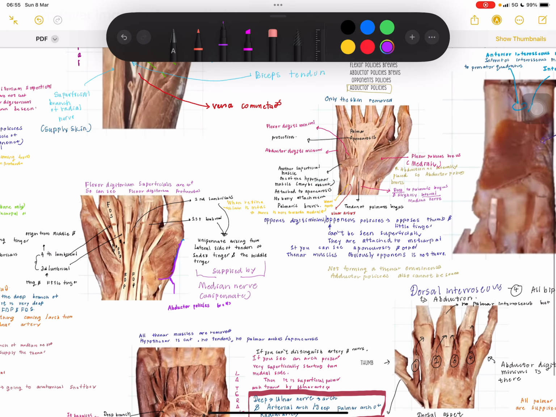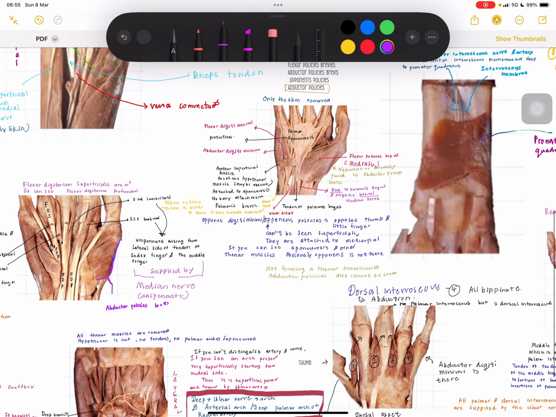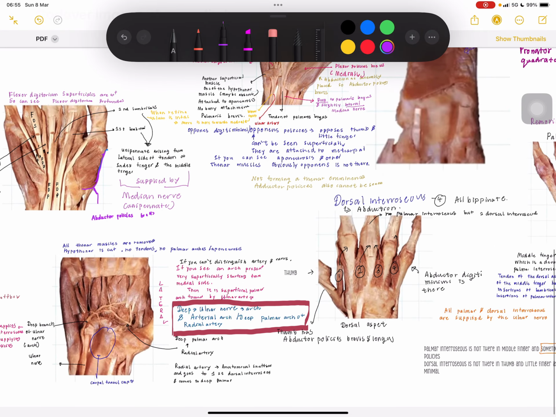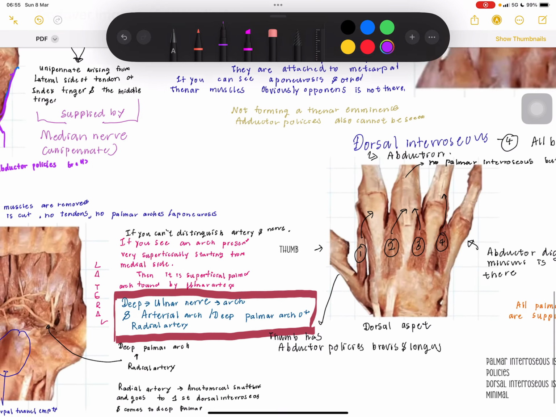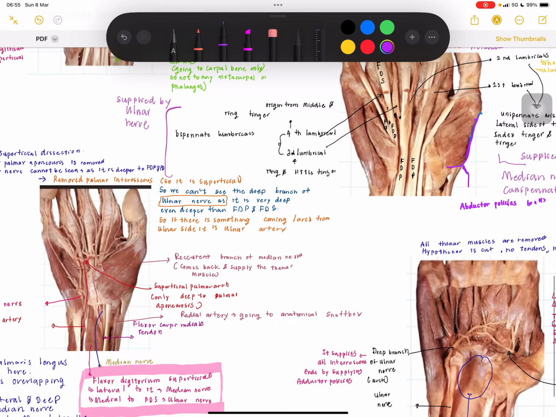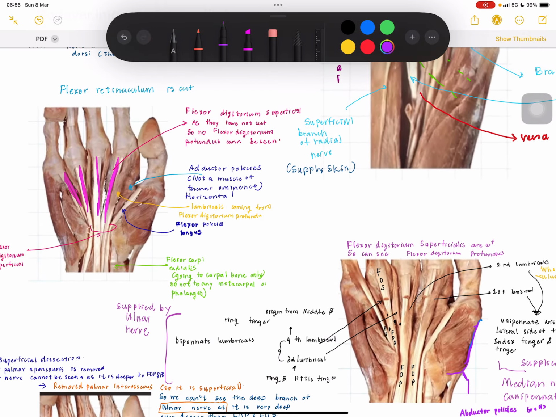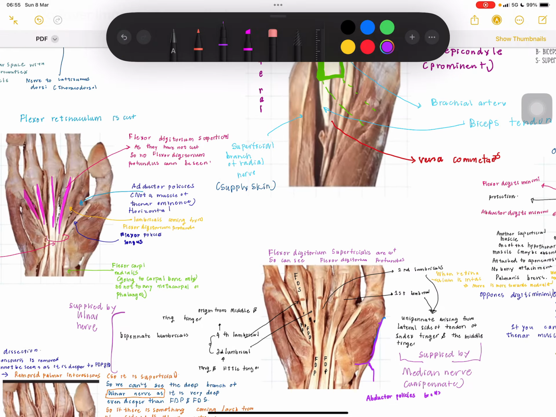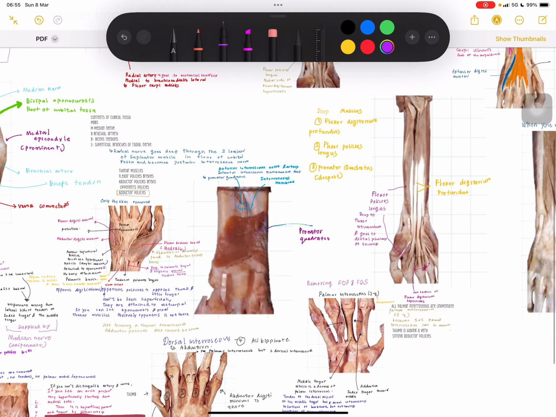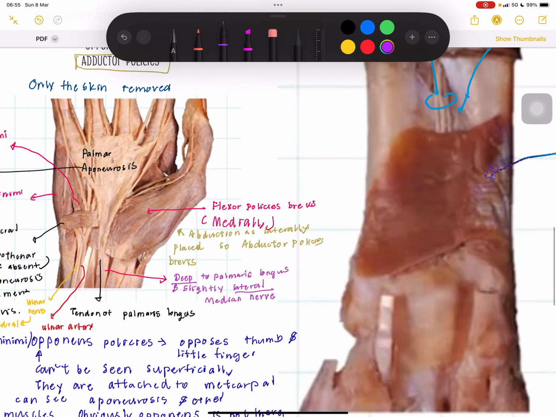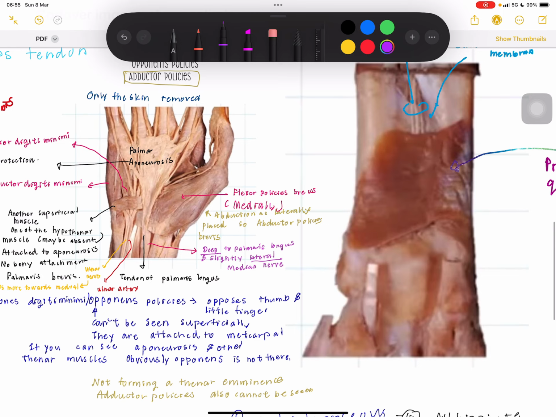So let's see whether we can see that muscle more clearly. Yeah, so there we have the abductor pollicis brevis.